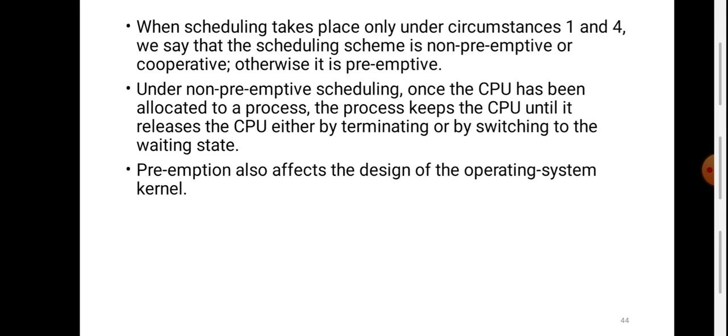But in preemptive scheduling, the process does not keep the CPU all the time. Whenever it wants to execute an input output task, it uses the input output devices, and on completion it can come back to the CPU. So like this, preemptive and non-preemptive scheduling algorithms are there. Preemption also affects the design of the operating system kernel.